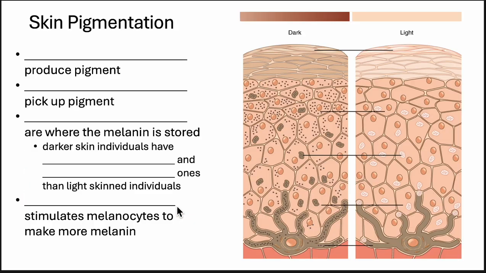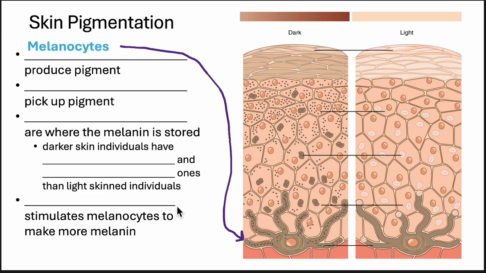All right, skin pigmentation. In case you haven't noticed, not all of us have the same color of skin. There is some variation naturally in the environment. The main reason that we have differences has to do with the melanocytes in our skin. So the melanocytes are the cells that produce pigment.